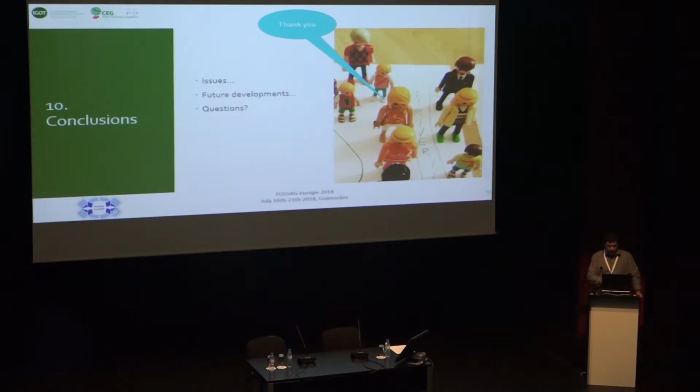Some issues that I would like to stress are that we had some problems with the process, because it's somehow time consuming, and that is a problem we are trying to solve, because it's using only some parts of the memory of the computer. It's a thread problem that we are trying to solve.